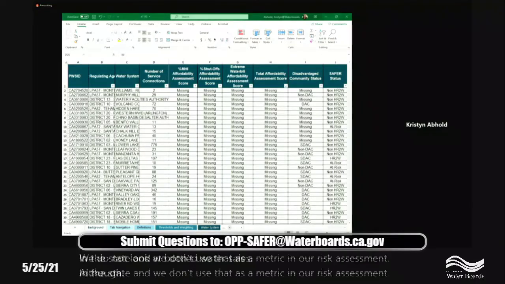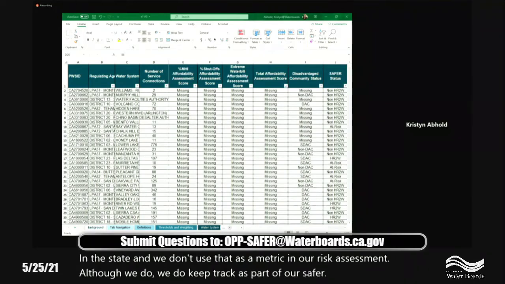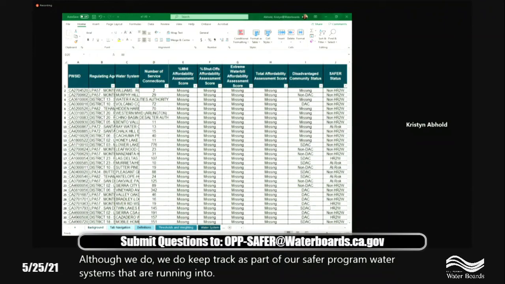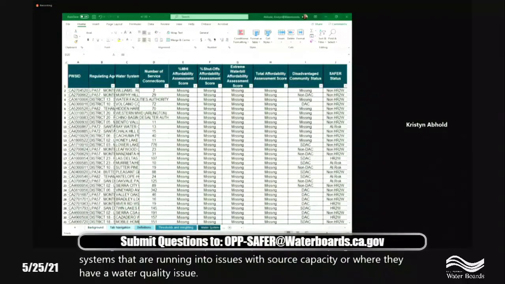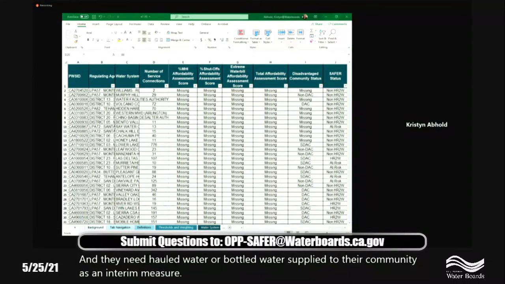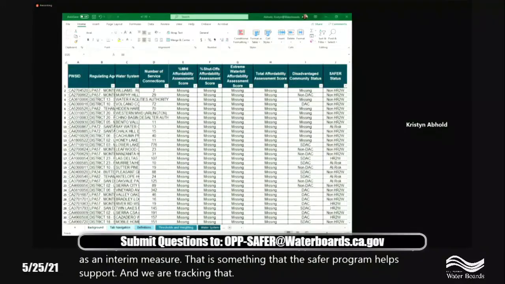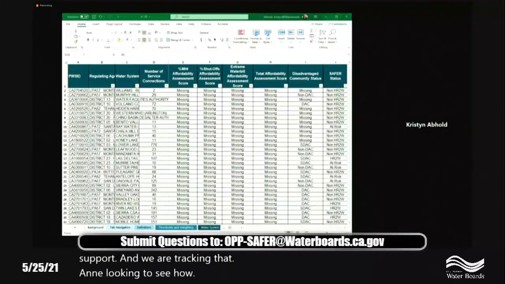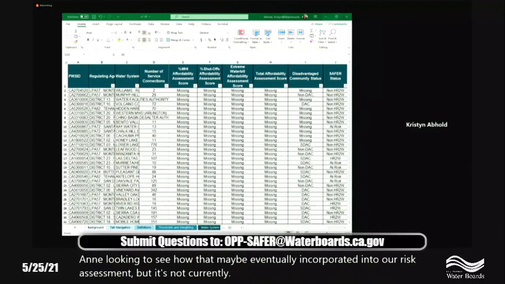Although we do keep track as part of our SAFER program of water systems that are running into issues with source capacity or where they have a water quality issue and they need hauled water or bottled water supplied to their community as an interim measure. That is something that the SAFER program helps support, and we are tracking that and looking to see how that may eventually be incorporated into our risk assessment, but it's not currently captured in our risk assessment.